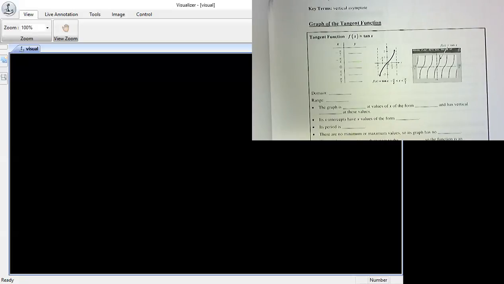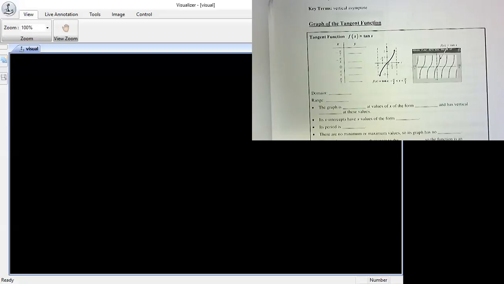Now, because of that, when we talk about one period for the tangent, that means we want one complete graph. In other words, we got to figure out where these asymptotes occur. And anytime we're restricting our domain on these functions, because we want to be sure that we have a one-to-one function, so that if we take the inverse, it would still be a function, it's going to restrict it either to be a first and second quadrant graph or a first and fourth.